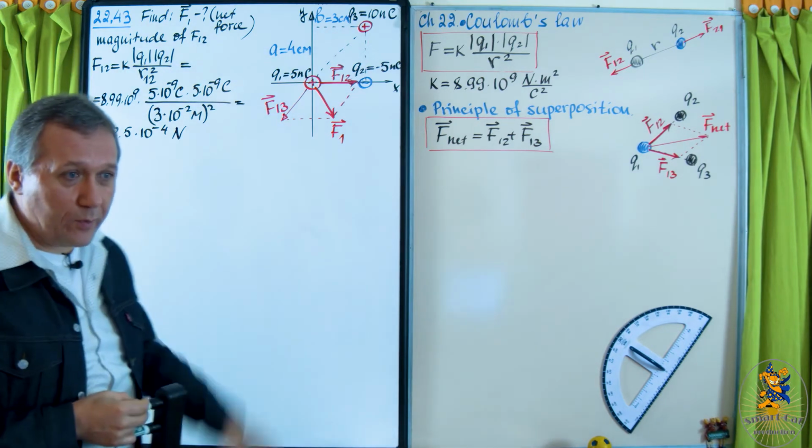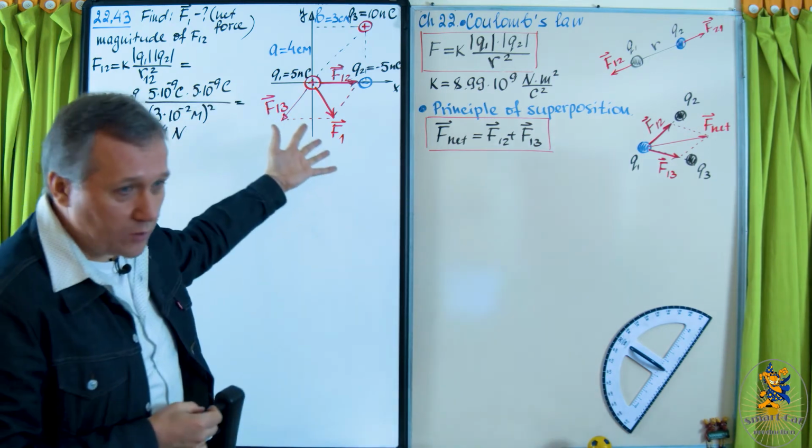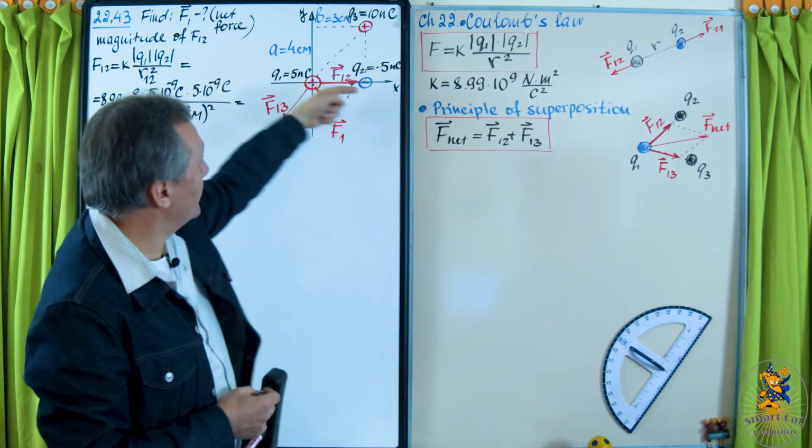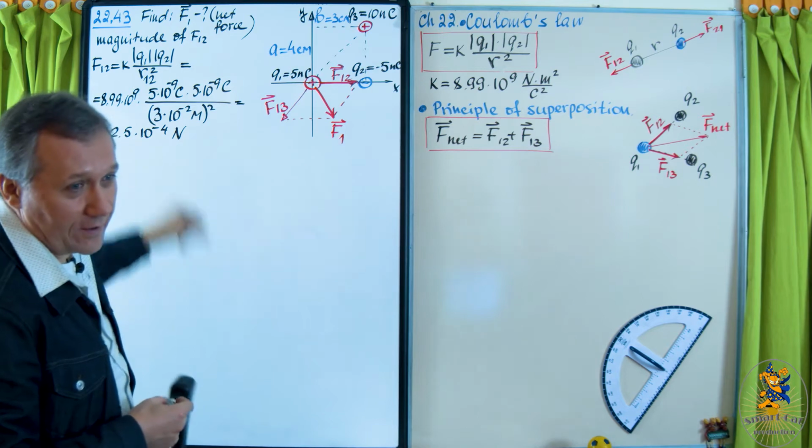Now components, as I said: first magnitudes, then components. You shouldn't have any troubles since it's purely in the x direction, so the y component is 0 and the whole thing is in the x direction.